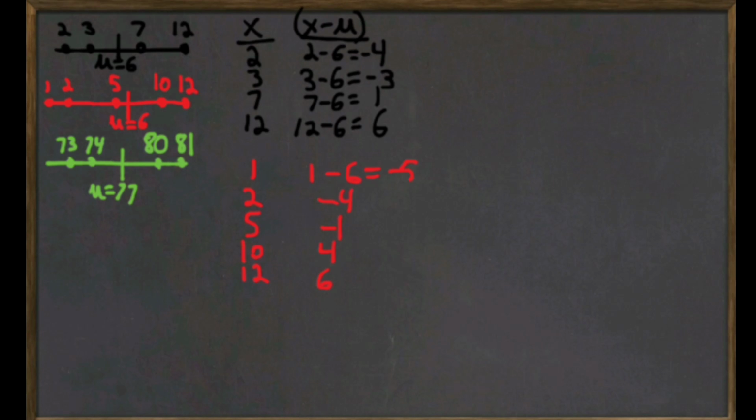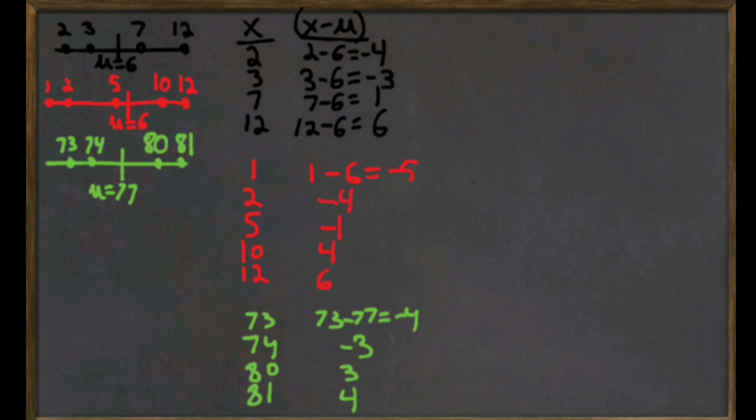Then lastly for green, we have 73, 74, 80, 81, and of course this is relative to the mean of the green. So 73 minus 77 is -4. We get -3, +3, and +4.